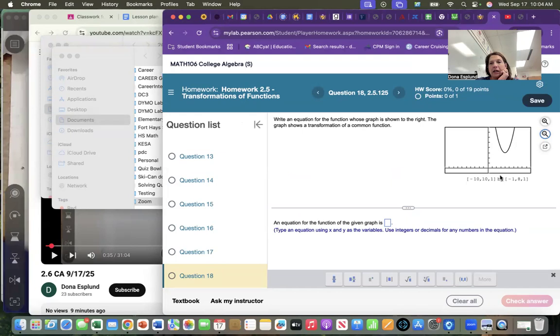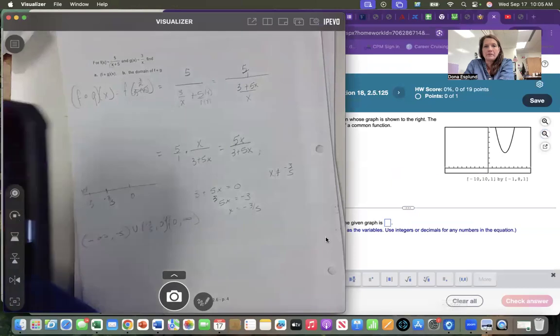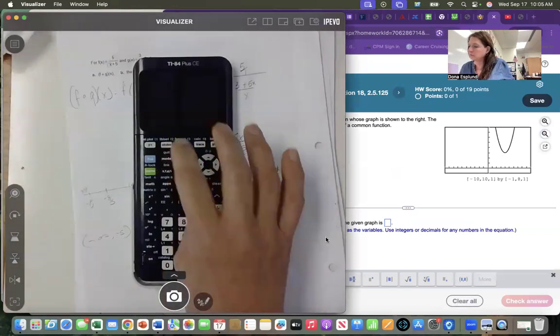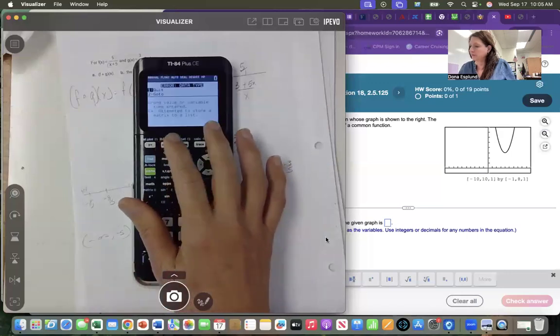She had a couple of questions, and I thought I'd go ahead and clarify a few things with you guys. When you have a picture like this, what it's actually set up for is your calculator. If I click on my visualizer, on my calculator, you'll have a window, usually for your graphing calculators.